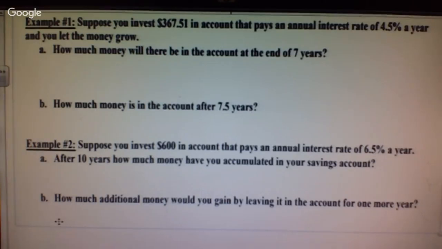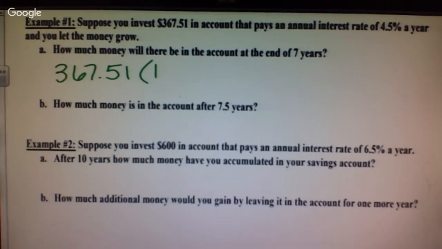So we're putting the money in. It's growing at 4.5% a year, and you let it grow. How much money will there be in the account at the end of 7 years? So P zero is first. What's my initial amount? 367.51. Inside the parentheses, we've got 1 plus, because we're growing.